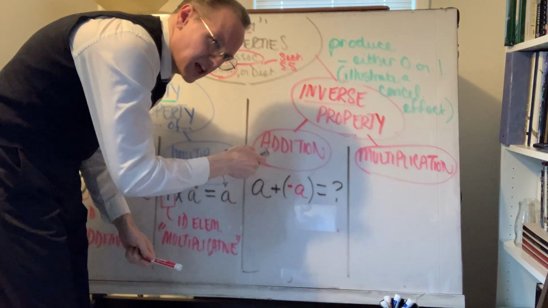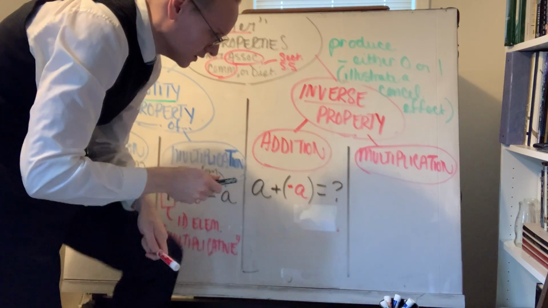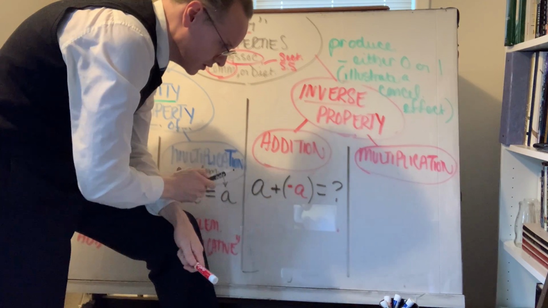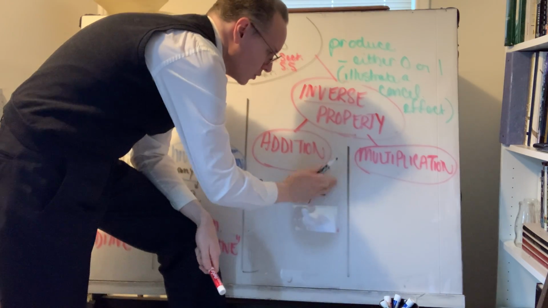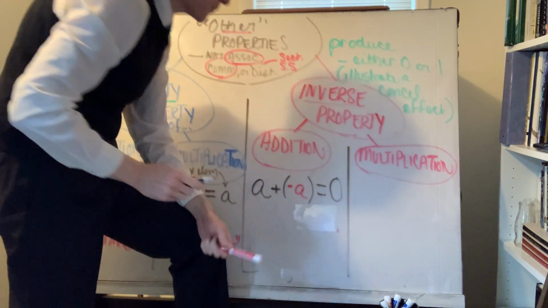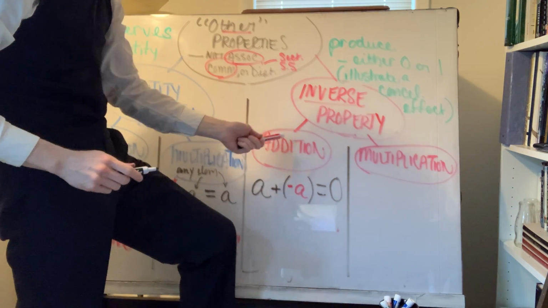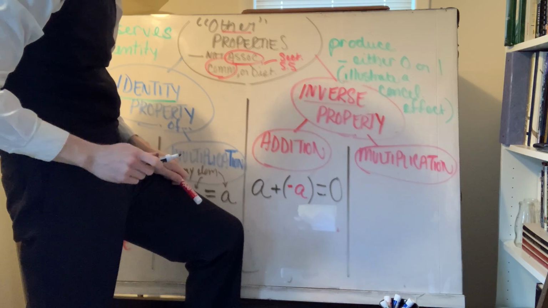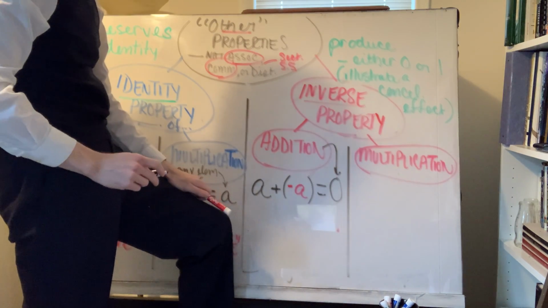Something plus its opposite magnitude self, right? It's the same magnitude, but it's an opposite sign. What do you intuitively know is going to happen, right? It produces 0, right? So it produces either 0 or 1, and in this case, for addition, it produces 0, right? When you think addition, think 0, right, as the outcome.